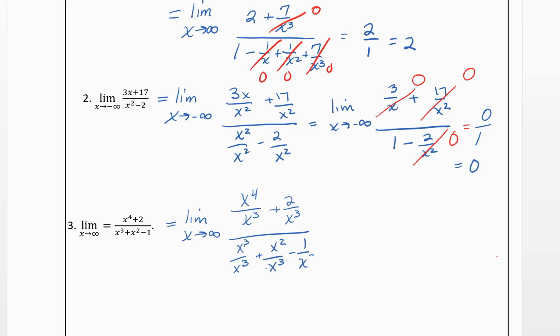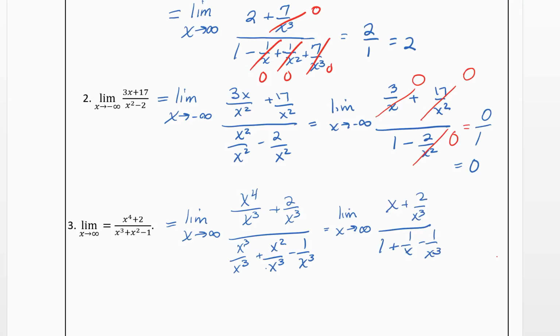1 over x cubed. So if we reduce each of these pieces, we have the limit as x goes to infinity of x plus 2 over x cubed over 1 plus 1 over x minus 1 over x cubed.